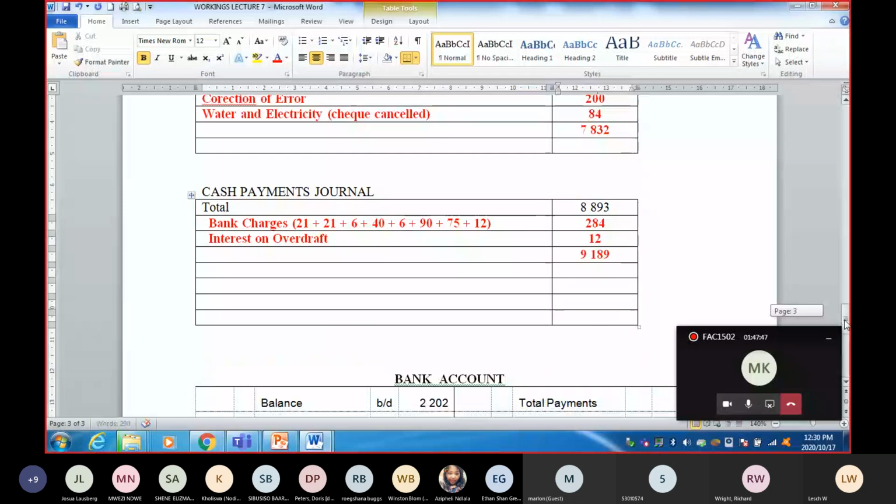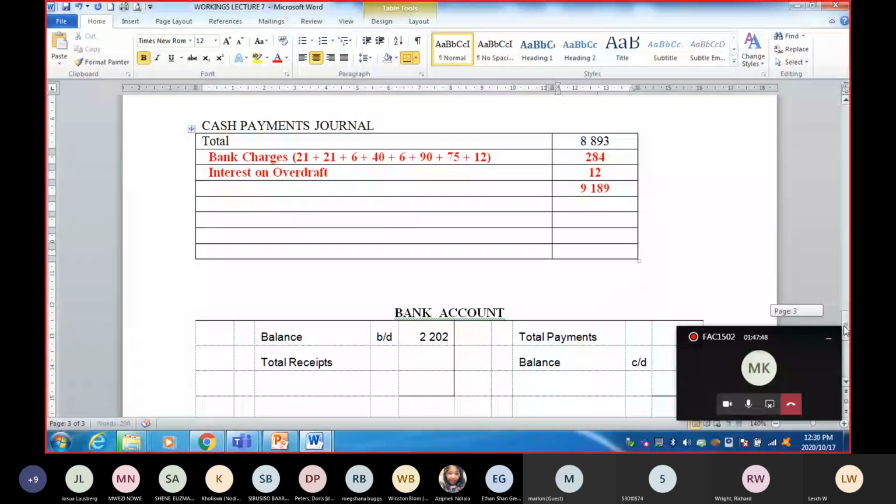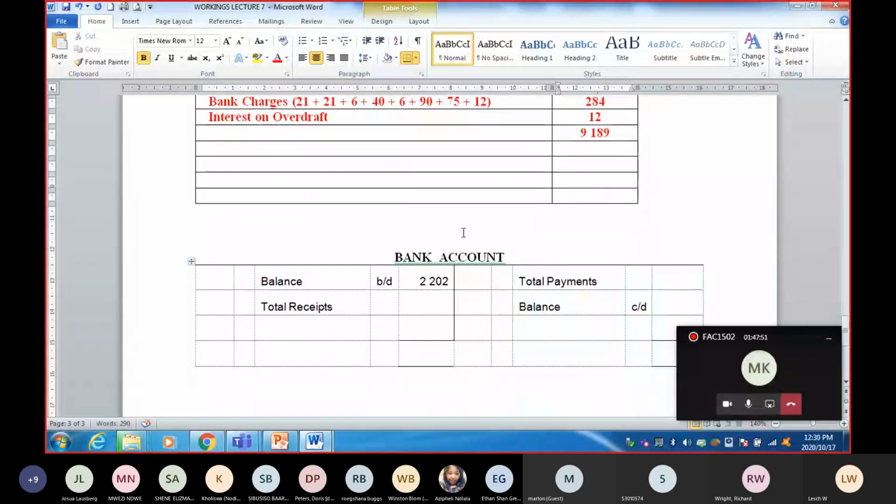If I now take that information to my bank account in the ledger, I will debit my bank account now with my total receipts of 7,832.